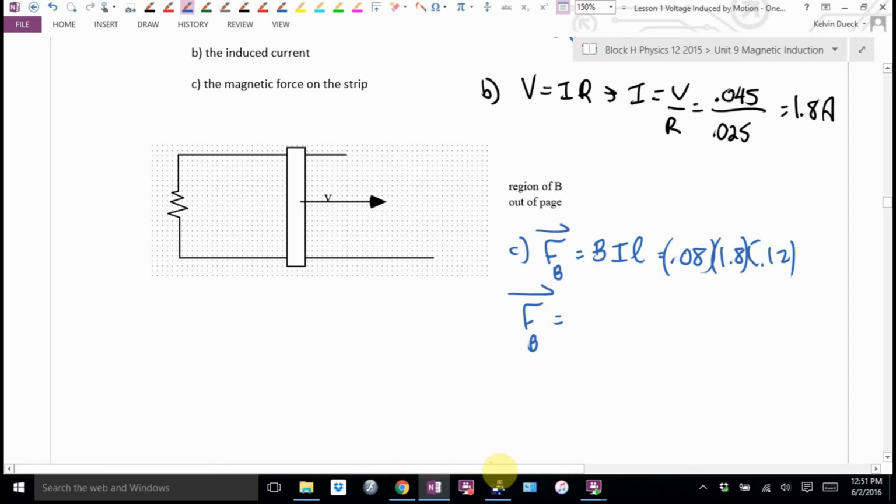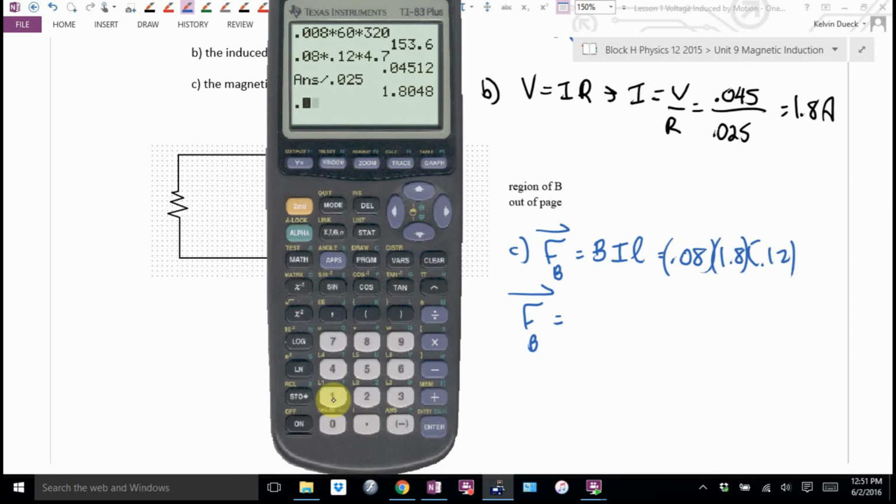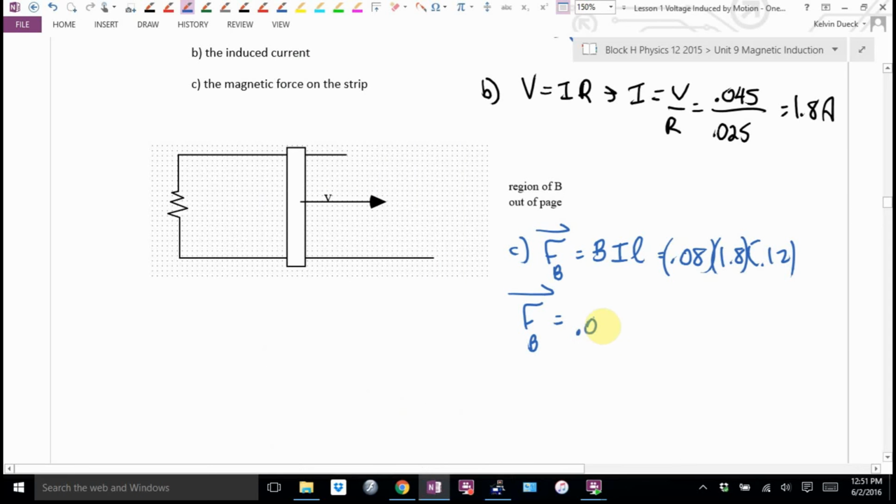How many newtons of force will we feel? 0.08 times answer button times 0.12. 0.0173 newtons. You noticed it there.